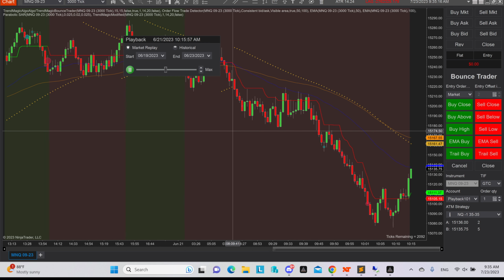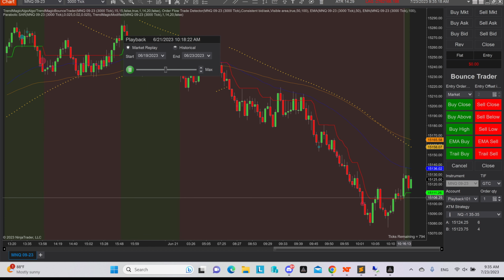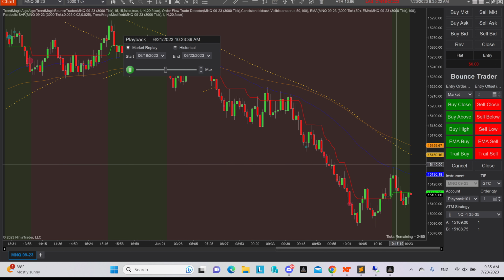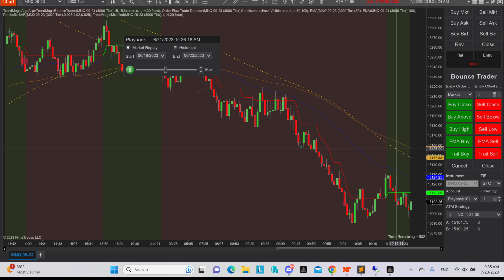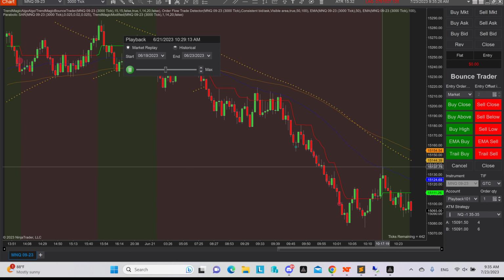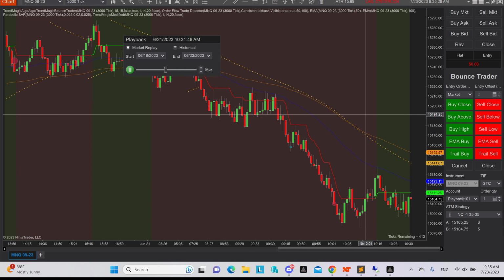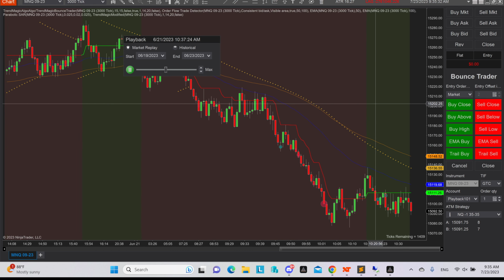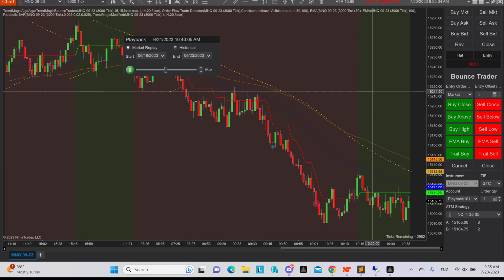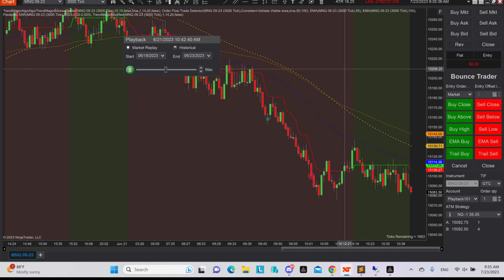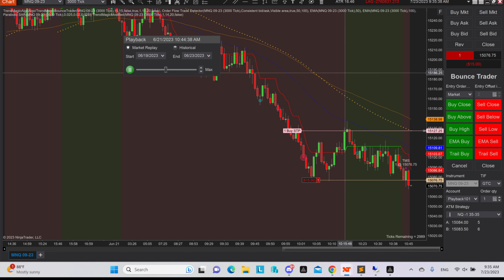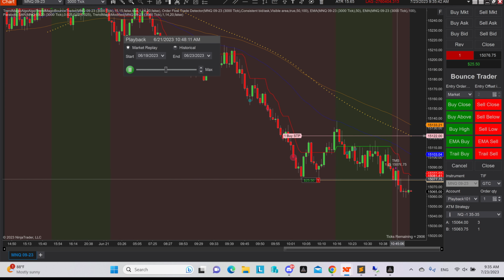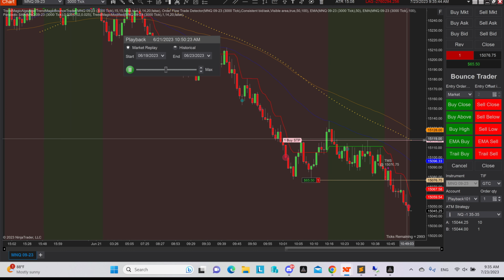It turned green, but it didn't take a trade because the EMA is set in zone. This blue line is below this beige line, but once it turns red, now it's turning. Okay, it turned here and placed the order here.